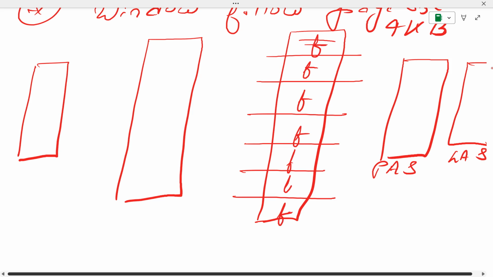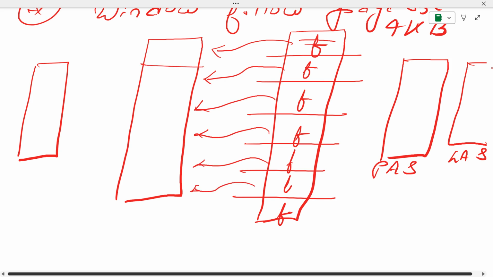Now, for each of this, we have the corresponding entry in this level. So when we apply paging for each of the page, we are just having this kind of entry. And here this contains the base address of this part.